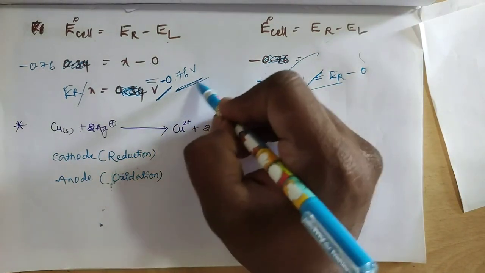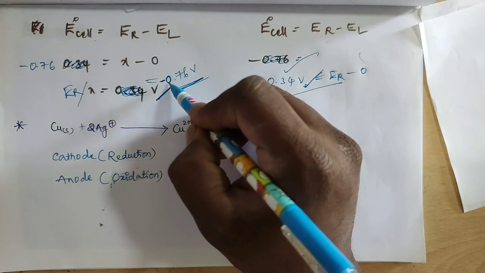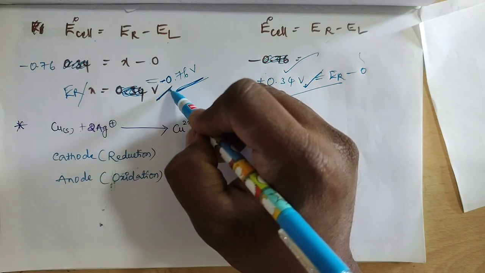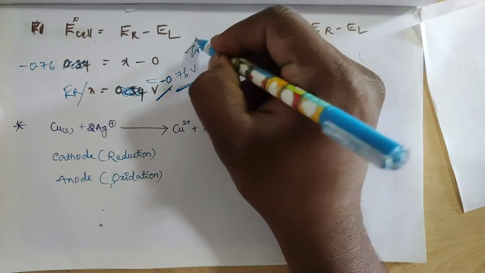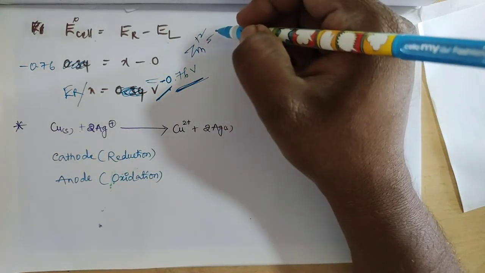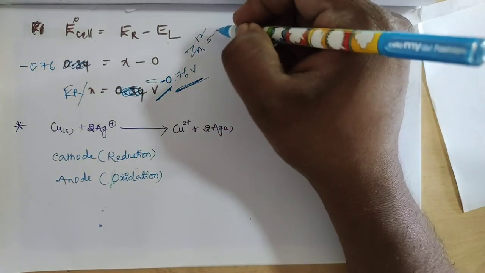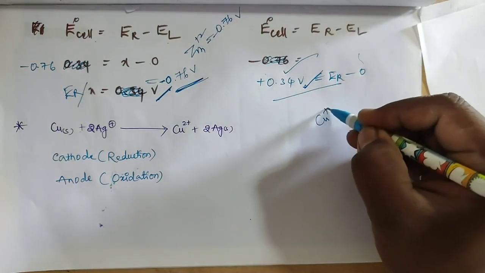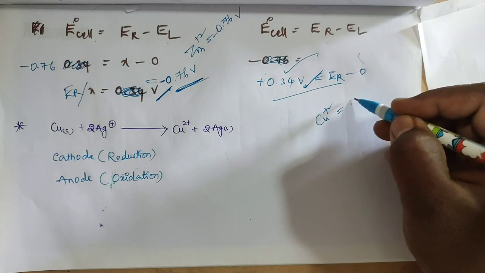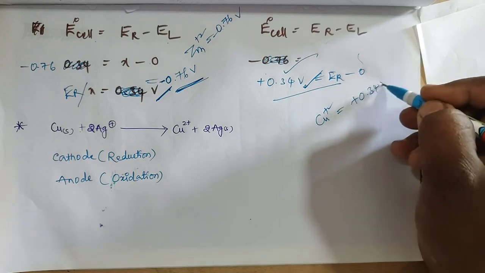Okay, so this is the zinc electrode potential, the Zn plus 2 electrode potential, the reduction potential, that is minus 0.76 volts, and this is the Cu plus 2 reduction potential, that is plus 0.34 volts.